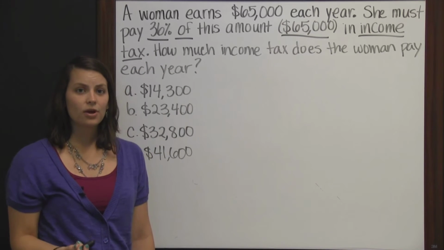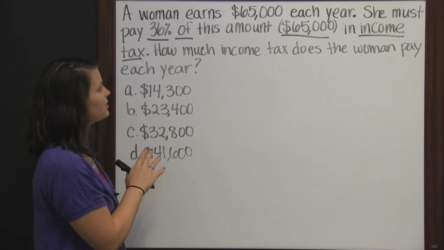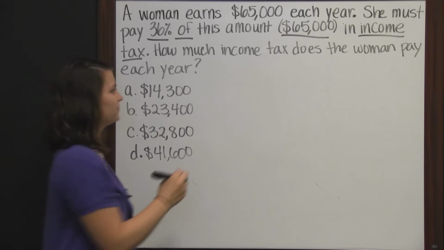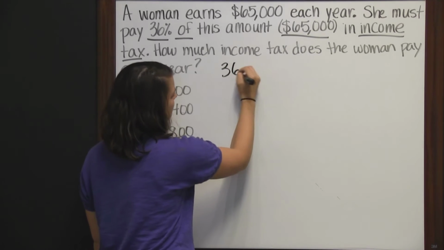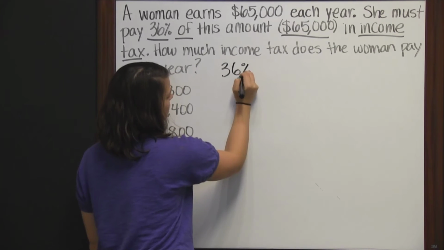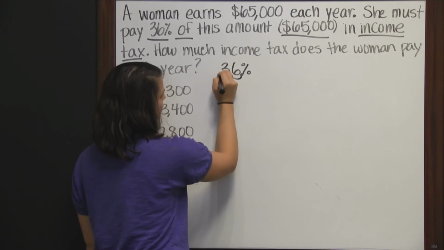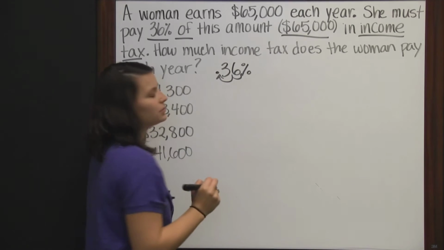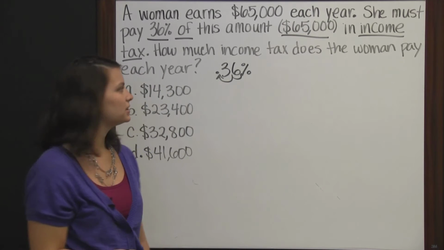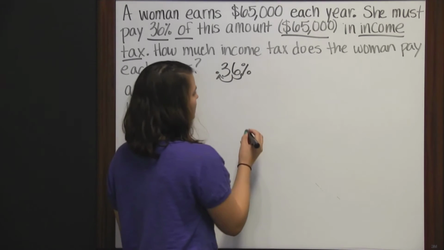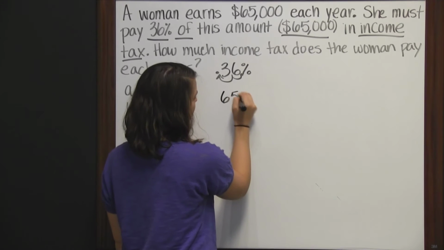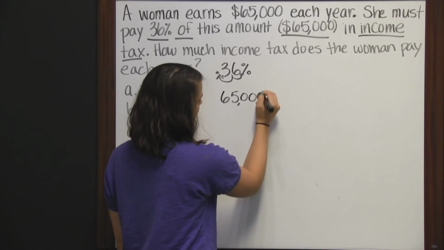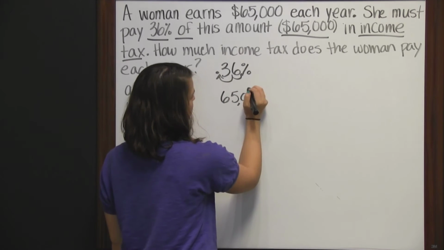But first, we need to change the percent into a decimal. So 36%, we take the decimal and move it 2 places to the left. So it's 36 hundredths. So we're going to take 65,000 and multiply it times 36 hundredths.